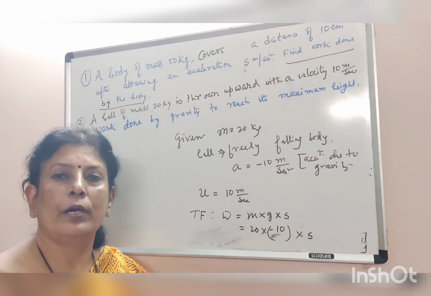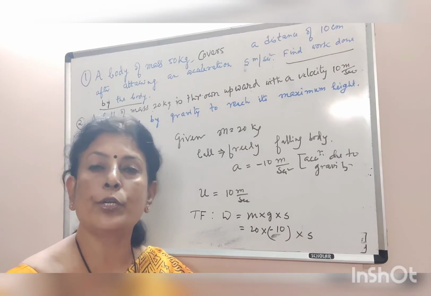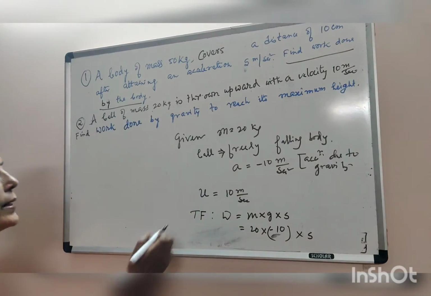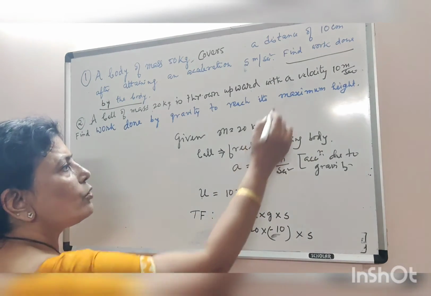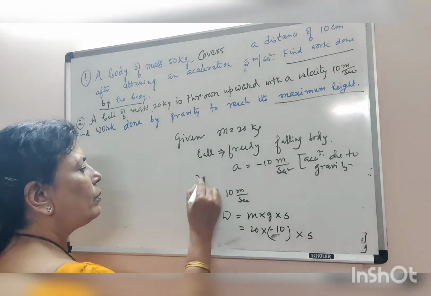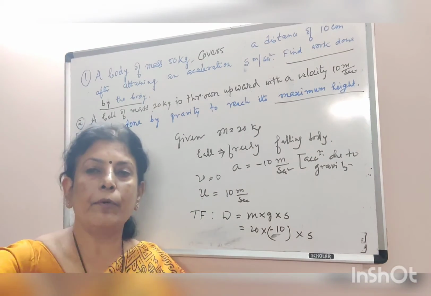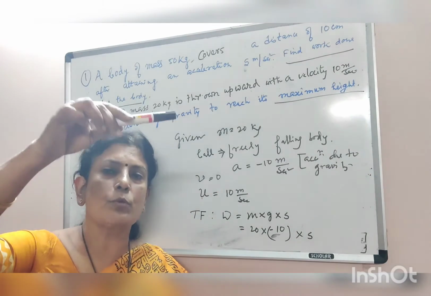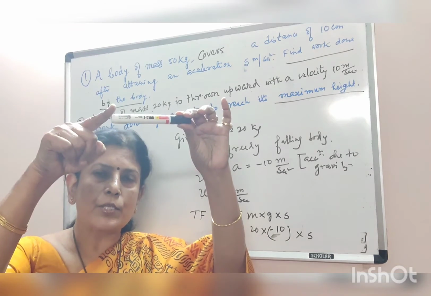We know very well the equations of motion from the previous chapter. According to the equations of motion, at maximum height, v is equal to 0. If you are throwing any body upward, its velocity will decrease, and at maximum height, velocity will be 0.